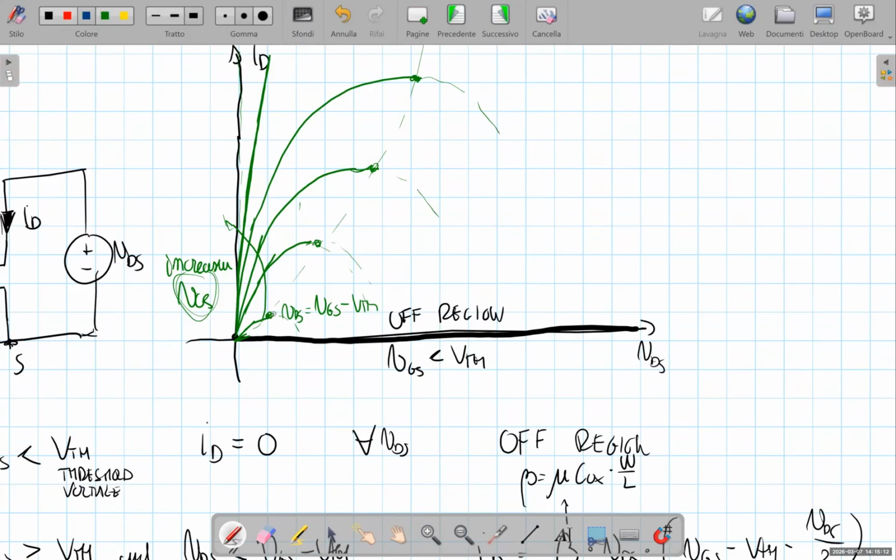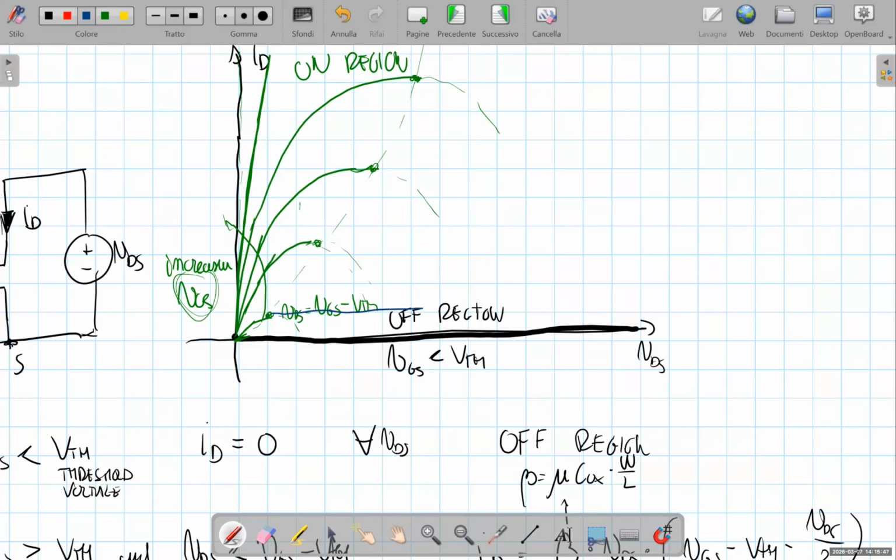What happens in practice is that above this, by the way, before going on, this region for VDS smaller than VGS minus VTH, as we have said, is the on region that we have highlighted in green. When we increase VDS over VGS minus VTH, what happens? The current does not increase anymore while increasing the drain source voltage.